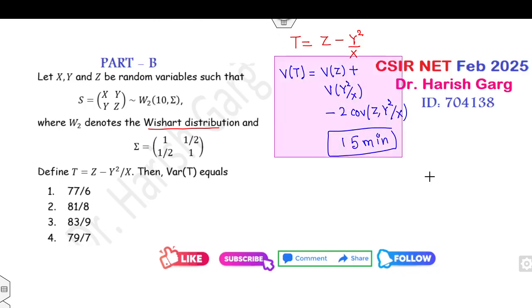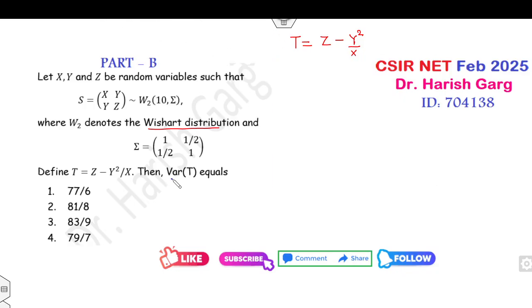Whenever there is a question related to the variance or the mean, your target is to find the distribution. Fine. Your target is always to find the distribution. That means sampling distributions. So my target is to find which distribution T follows.